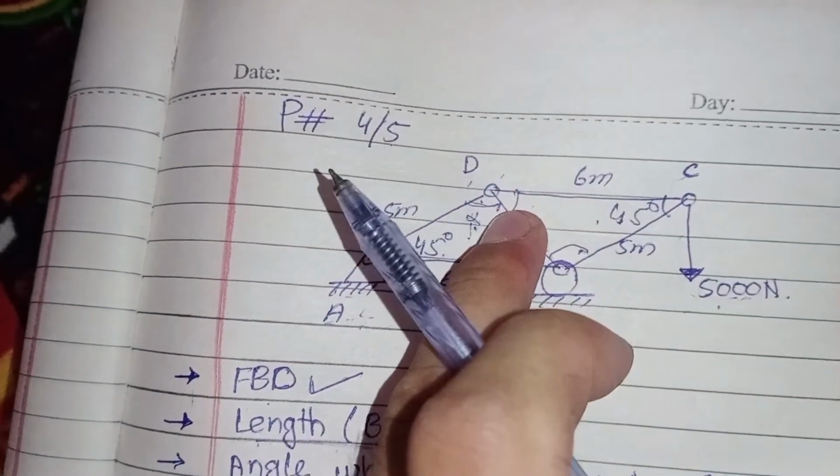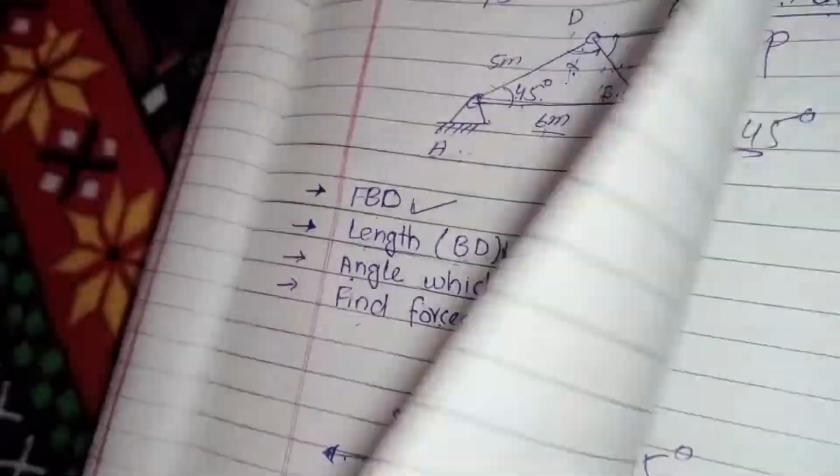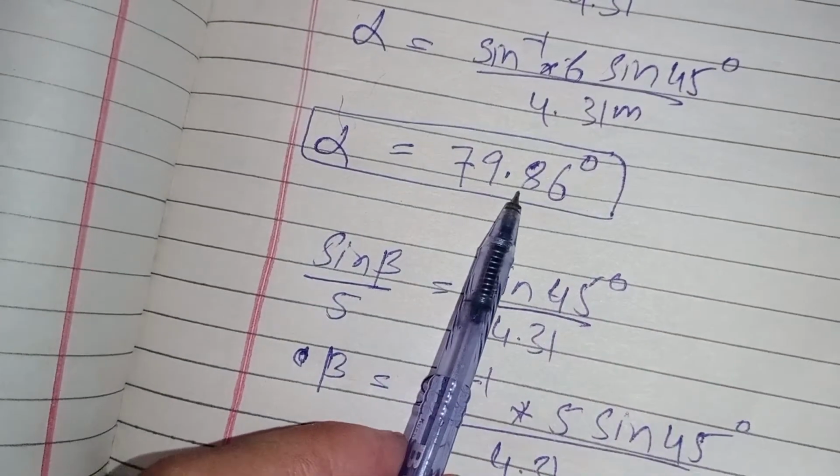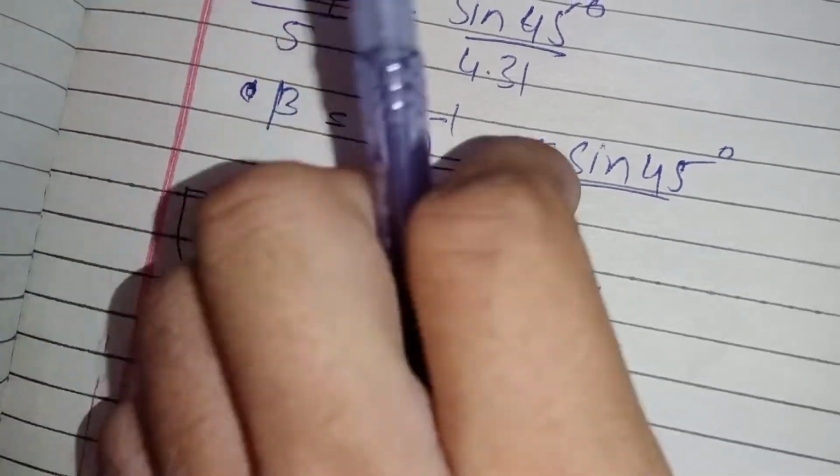So this is angle alpha. Alpha is equal to 79.86 and beta is equal to 55.12.